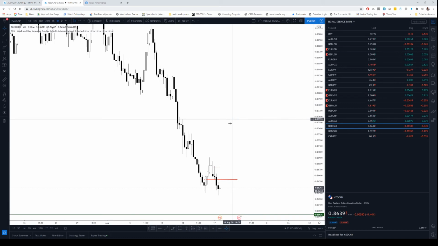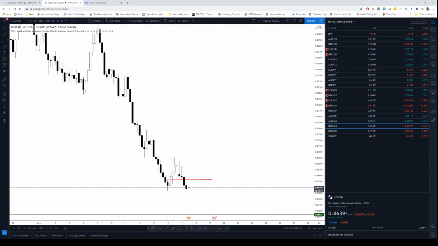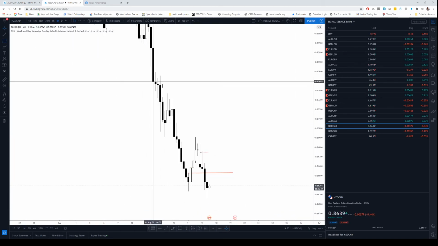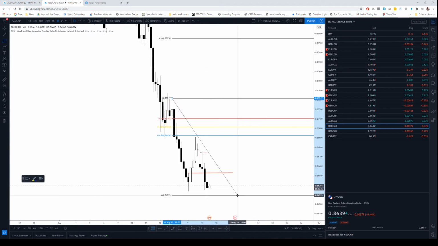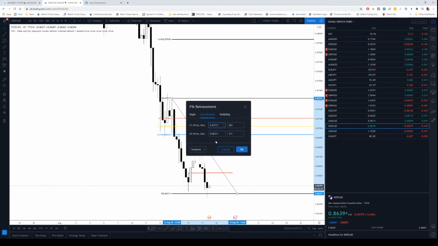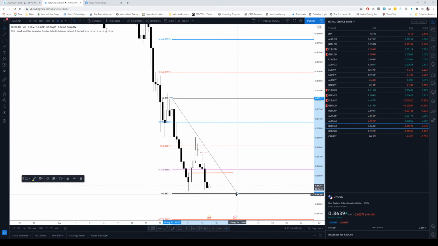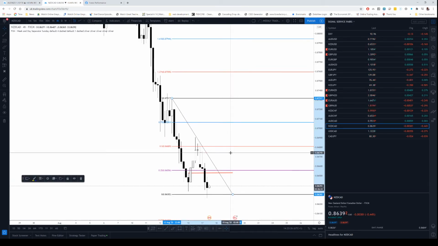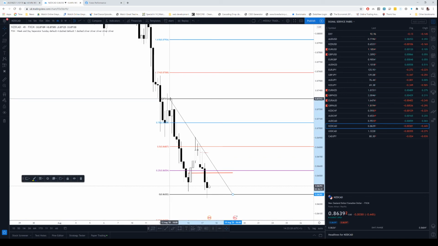New Zealand CAD. This was the trade idea we got on Friday. Let's delete this one. Where is it gone? Levels. Okay, so Friday during the live session we did see this.